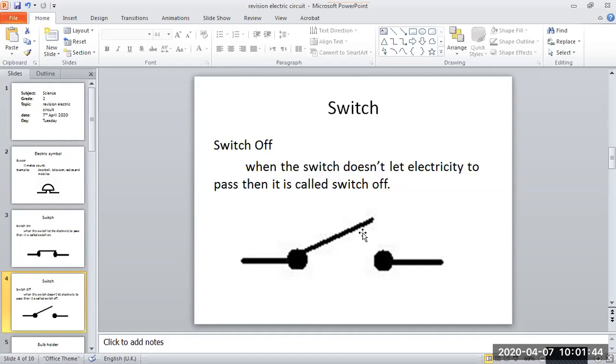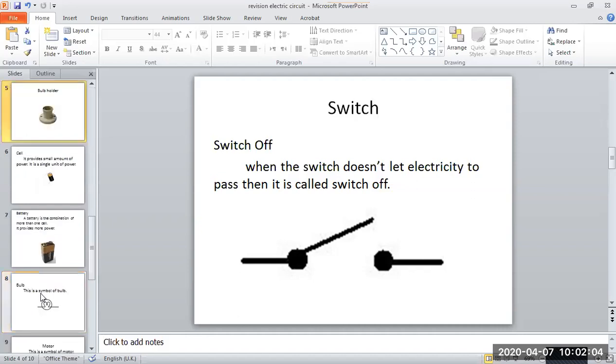When you want to close the light, close the AC, close the computer, even close the television, then you switch off. Then there is no current passing through the circuit, and this position is called switch off.